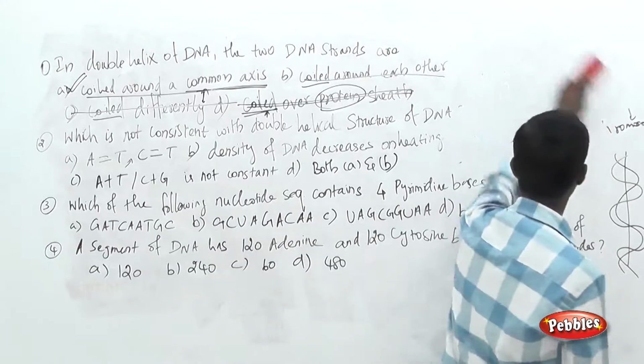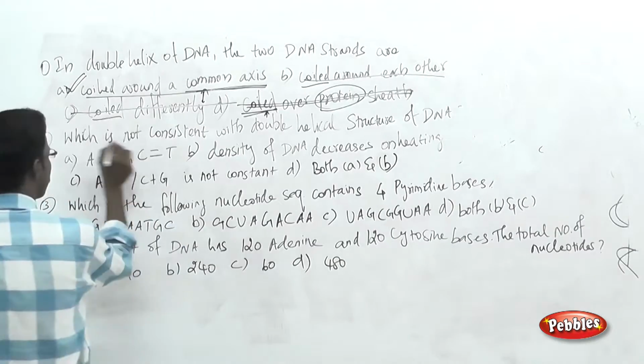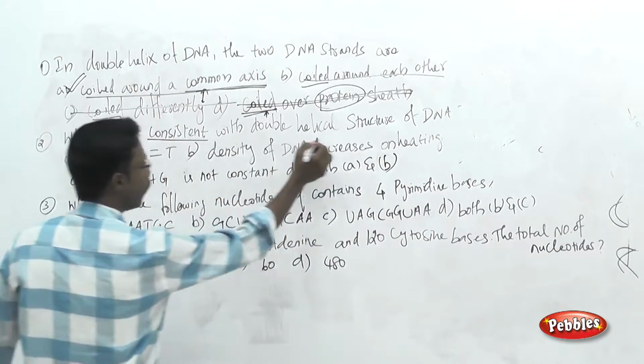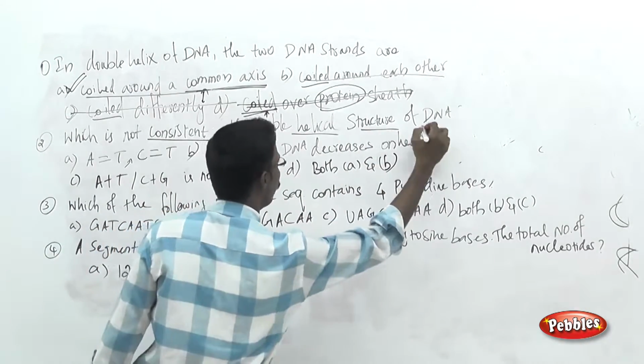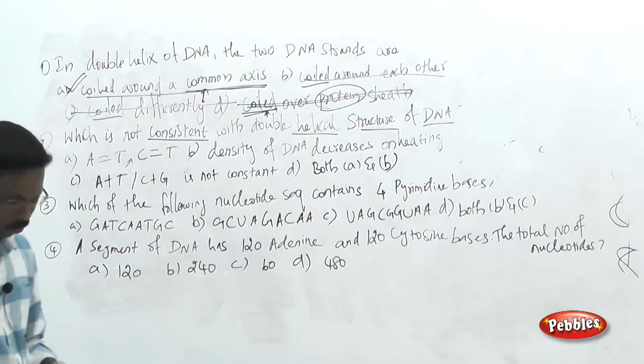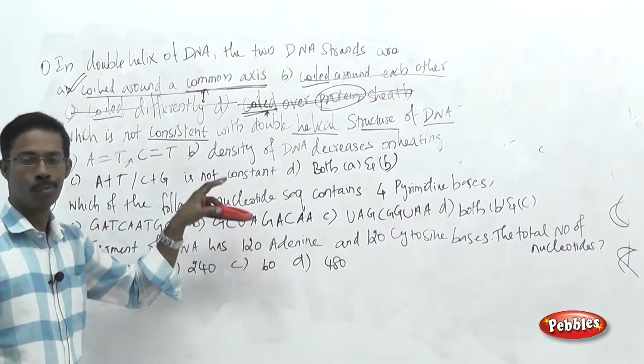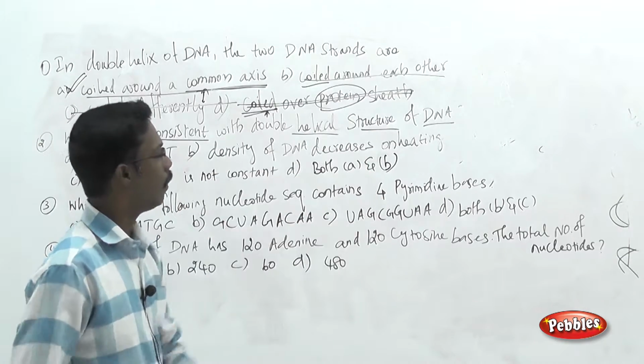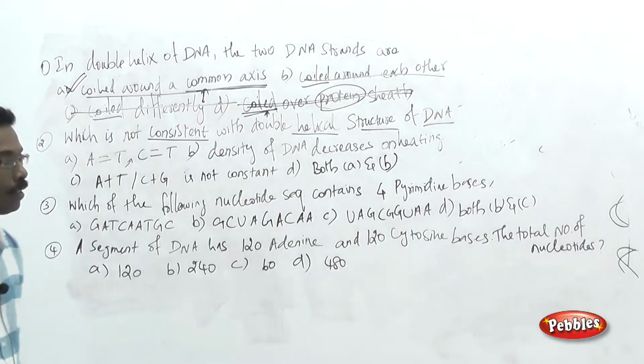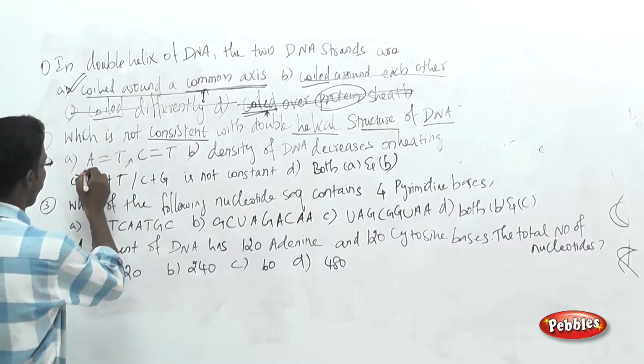Okay, and see the next question: which is not consistent with the double helical structure of DNA? There are 4 choices given to you and you have to choose which one is inconsistent with the helical structure of DNA.